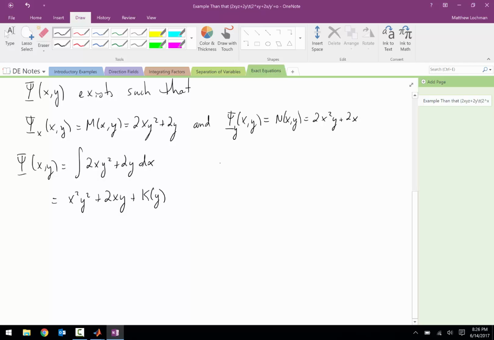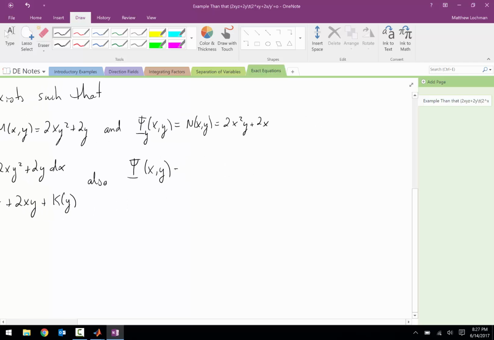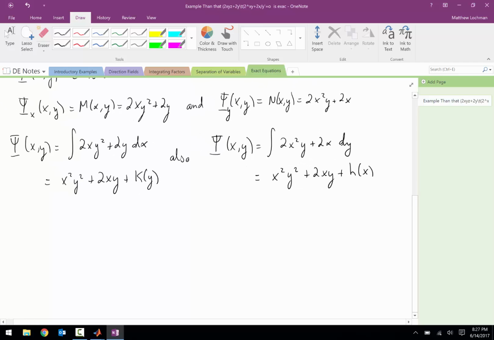And then over here, from this equation, I also have that this thing is the integral of this dy. Okay, so integrating this with respect to y, I'll get x squared y squared plus 2xy, and now I'll have a function of integration, sorry, that is purely a function of x.